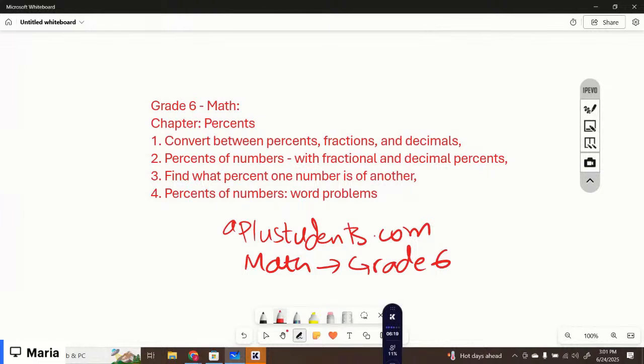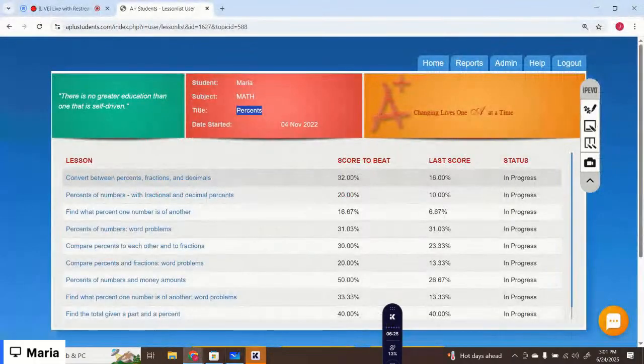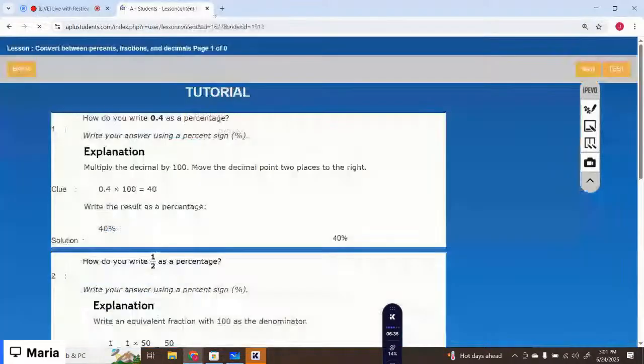Please have your book and pencil ready so that you can write down the important examples. Let's start with the first lesson, convert between percents, fractions, and decimals.